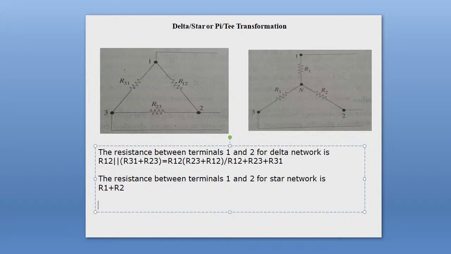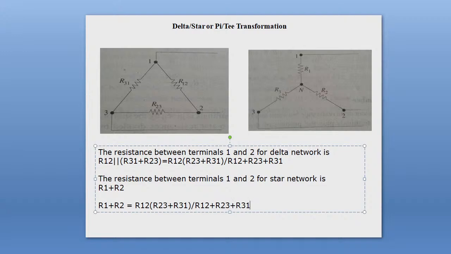So therefore we can write R1 plus R2 equal to the terminal resistance for delta network, R12 into (R23 plus R31), I made a mistake here, you just change it, divided by their sum, R12 plus R23 plus R31.